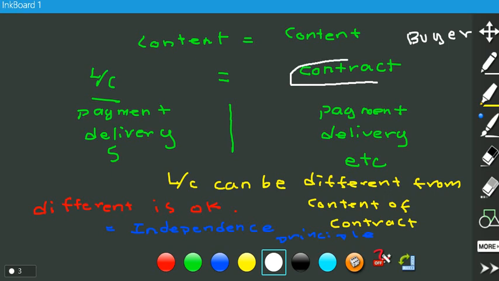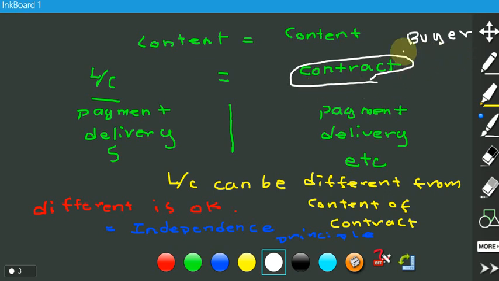Okay, and then once he opened the letter of credit, he changed his mind, and he opened a letter of credit different from this contract. He can do that. Then this one can be different.